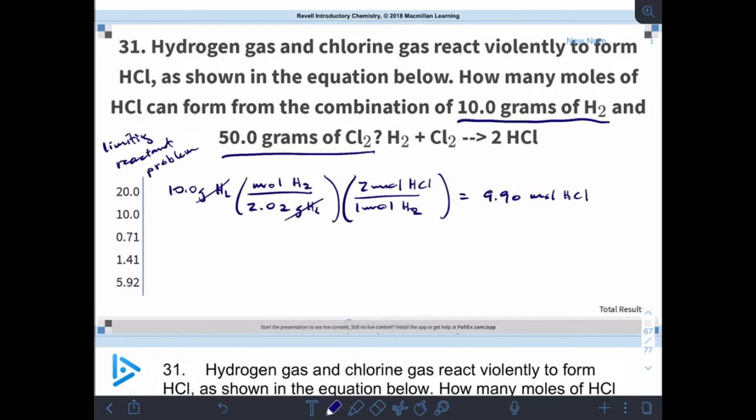Right, now I'm going to do the same thing with the chlorine. We're given 50 grams of chlorine. Okay, I need to convert that to moles in order to get to moles of HCl. Okay, my relationship is through moles, so that has to happen that way. So my molar mass of Cl2, remember there's 2 atoms of chlorine there, so 2 times 35.45 gives me a mass of 70.9.